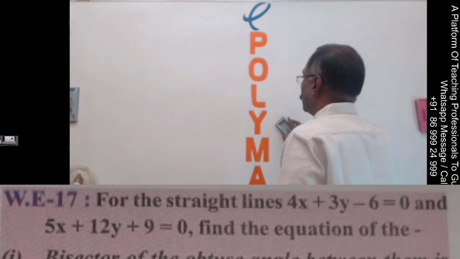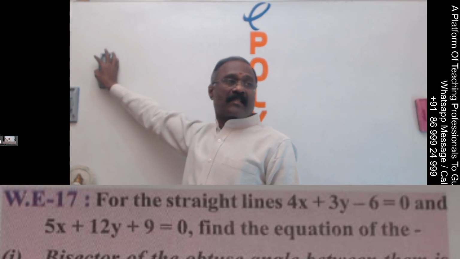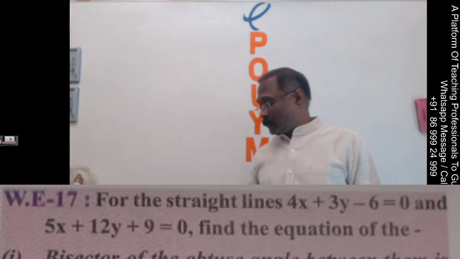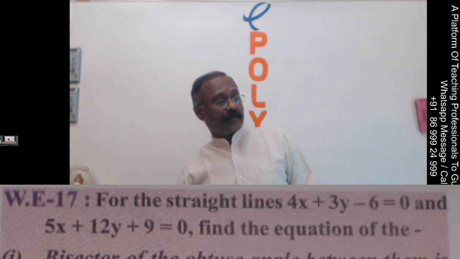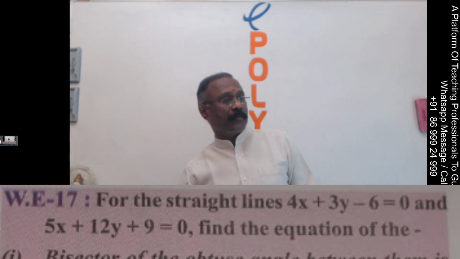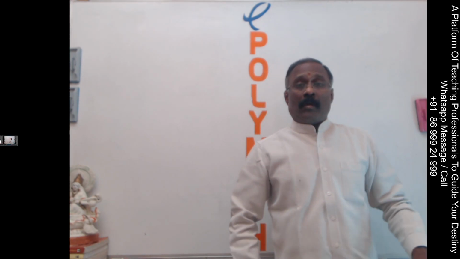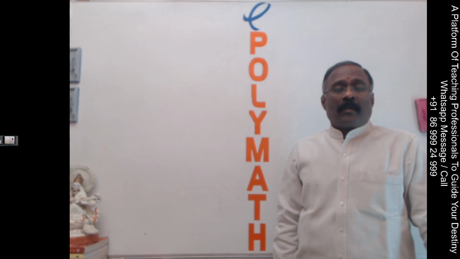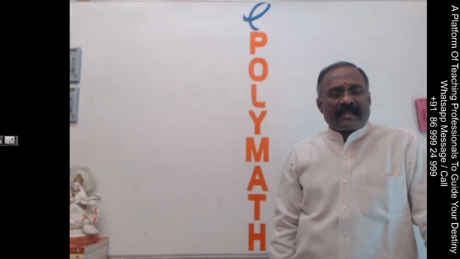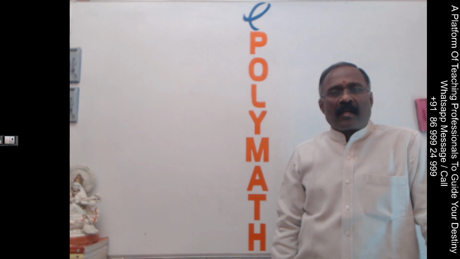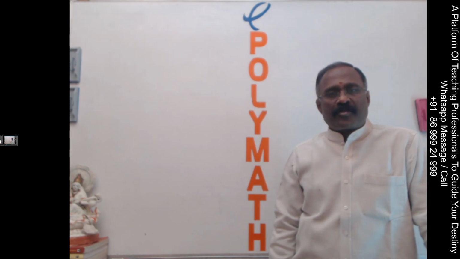Okay, so here, first of all, let us understand the point of intersection of two straight lines. If two lines are non-parallel or non-coincident, then definitely they will intersect each other.